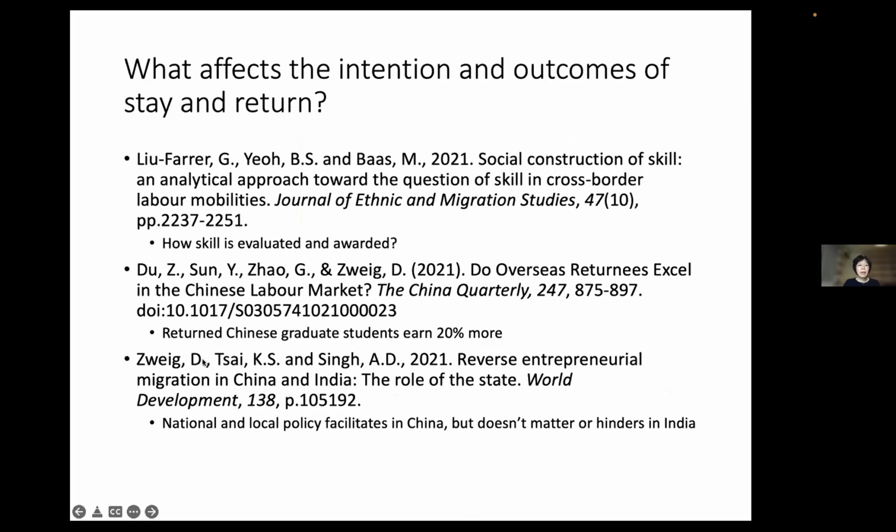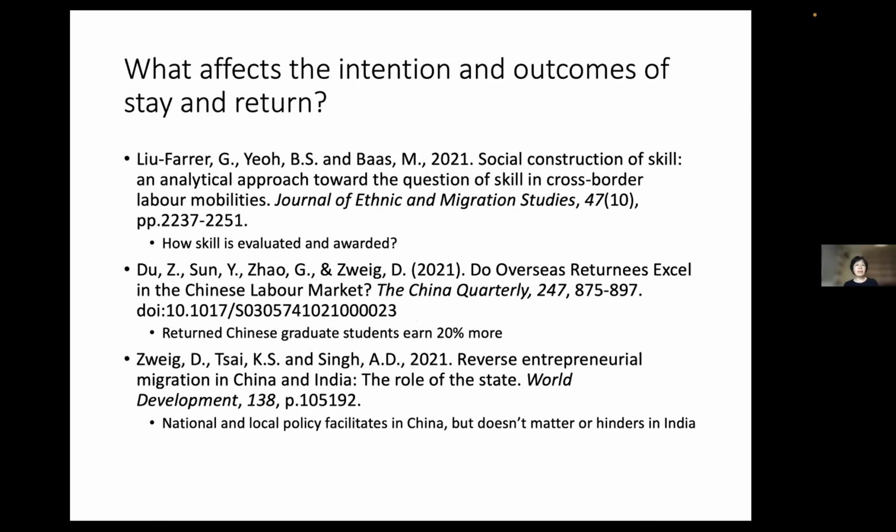And David Zweig and his colleague also wrote an article, Do Overseas Returnees Excel in Chinese Labor Market? And they found out that returned Chinese graduate students, not undergraduate students, earn 20% more. So that's why students would want to return to their home country.